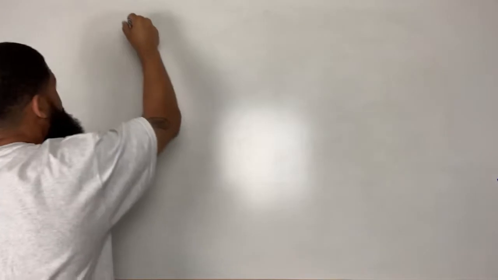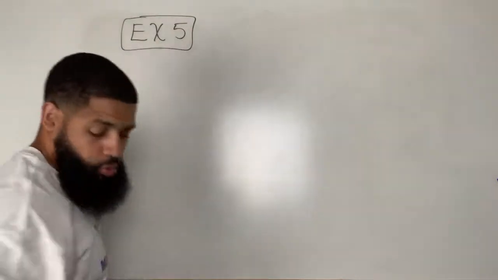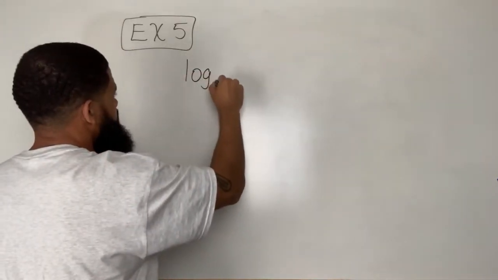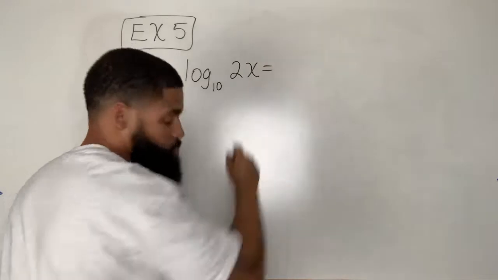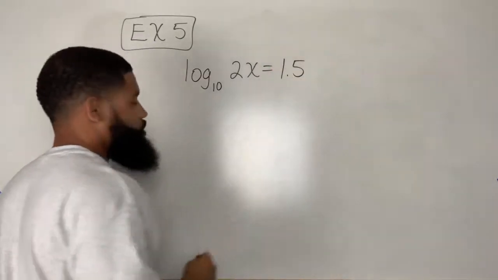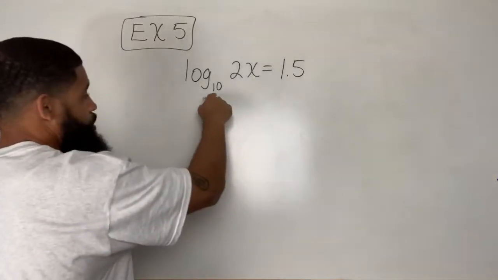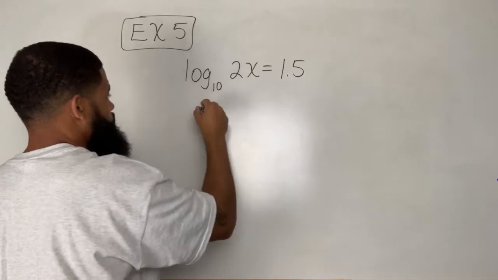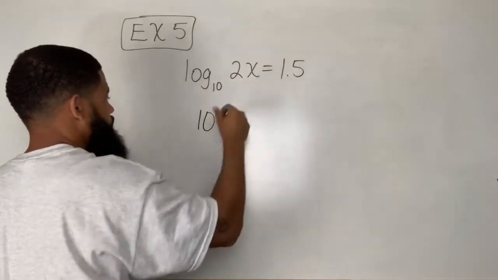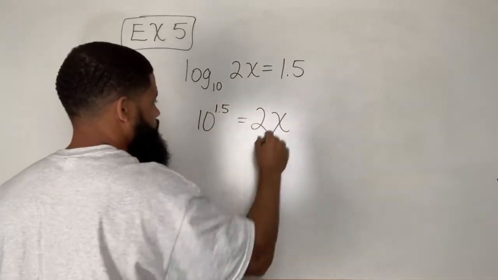So in example 5, let's do log base 10 of 2x is equal to 1.5. All right, so we want to make sure that we use these rules. So I'm going to write this in exponent form. So 10, this is my base, to this power equals 2x. To the 1.5 power equals 2x.